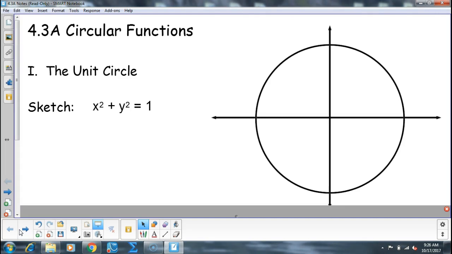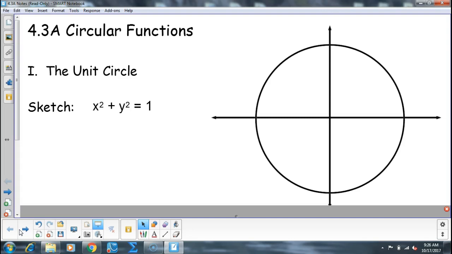So, in order to do that, we got to start with a basic unit circle. Right now you can just draw a smaller one. In a little bit, I'm going to have you draw a much larger one so that we can develop it as we go.